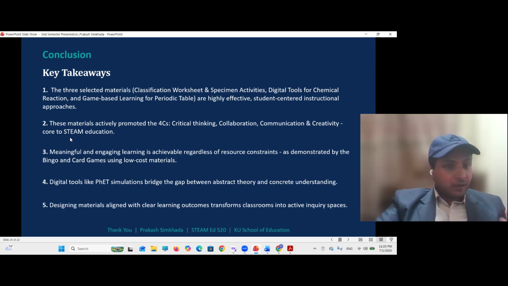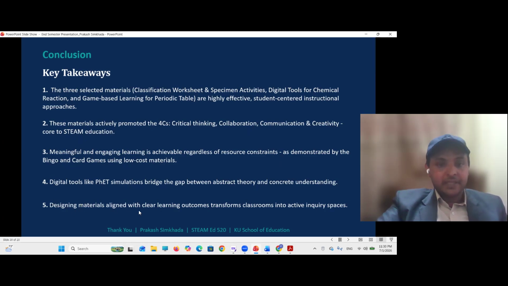Meaningful and engaging learning is achievable regardless of resource constraints, as demonstrated by the bingo card game and other low-cost activities. I also used digital tools like simulations, which bridge the gap between abstract theory and concrete understanding, like in balancing chemical equations.